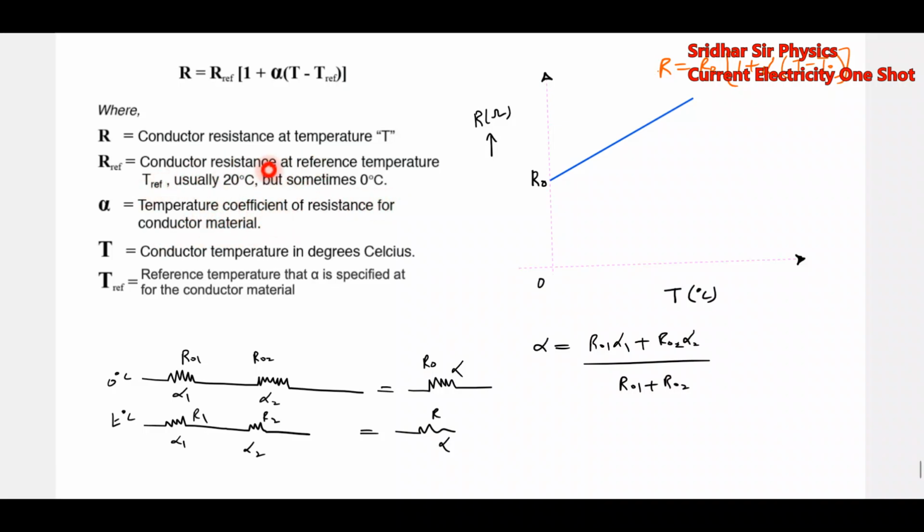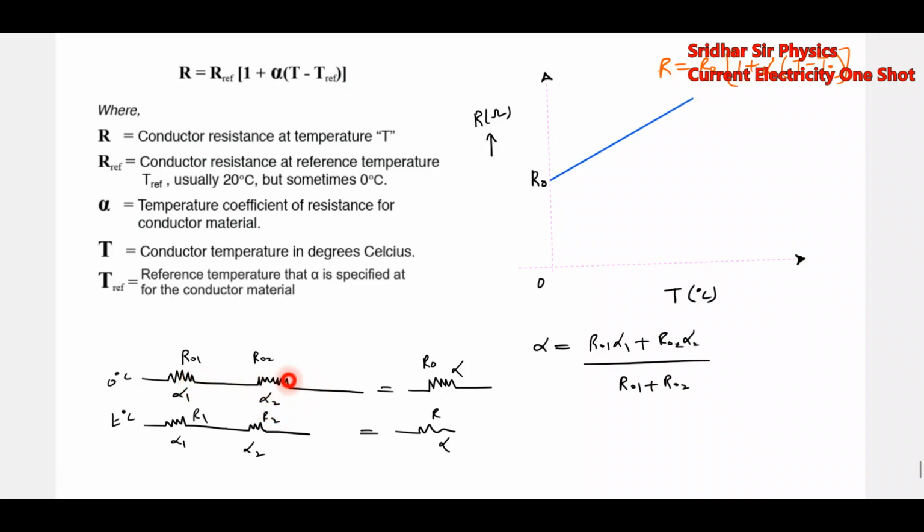R naught is the reference resistance, T naught is the reference temperature, and T is the temperature of the conductor in degrees Celsius. Capital R is the resistance of the conductor at temperature T. Like this, we define the resistance of a conductor, which varies with temperature.